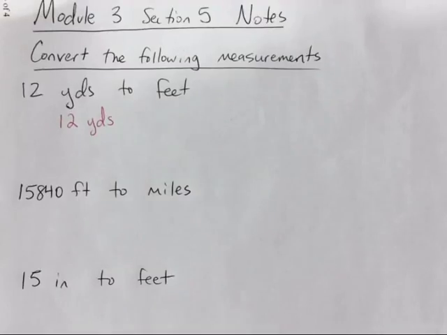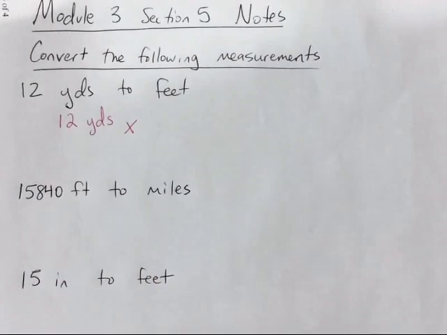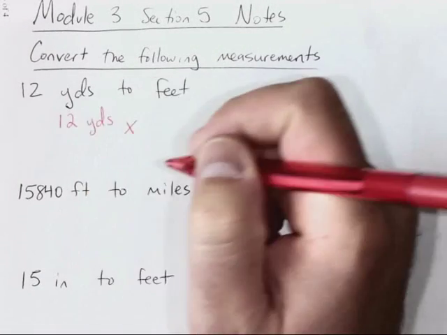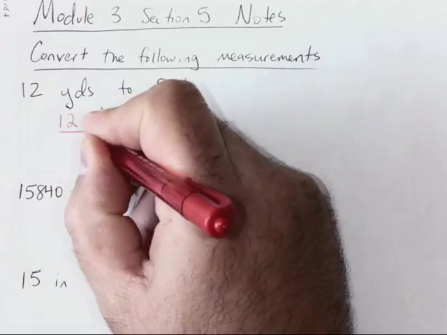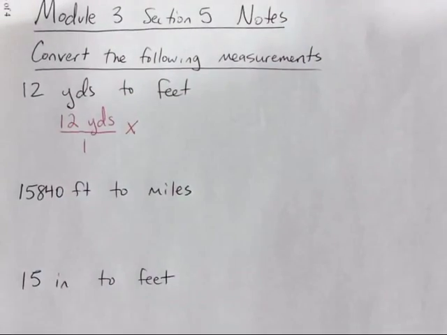Okay. So then we're going to multiply this fraction, 12 yards, and if I want to write this as a fraction over 1, I can, if that helps you, times the conversion factor as a unit fraction.